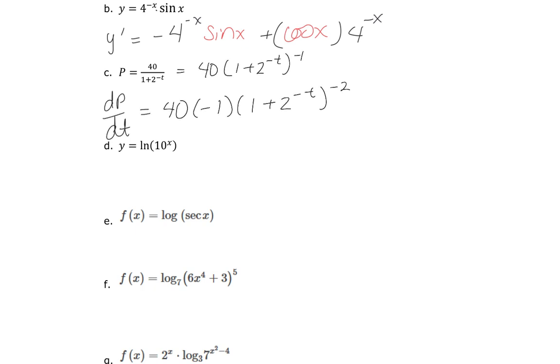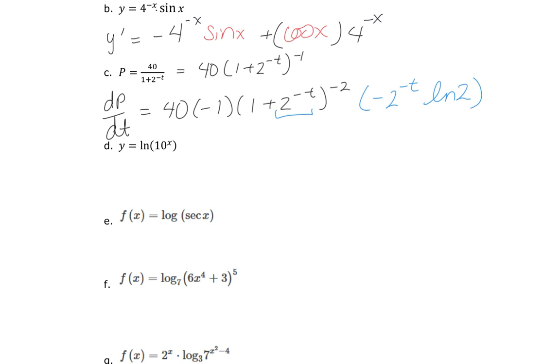That's the derivative of the outer function, which is t raised to the negative 1. Now I'm going to do the derivative of the inner function, and the inner function piece that is not going to be 0 is the 2 raised to the negative t. So this will be multiplied by negative 2 raised to the negative t, the natural log of 2. And that is the derivative of 40 divided by 1 plus 2 raised to the negative t.